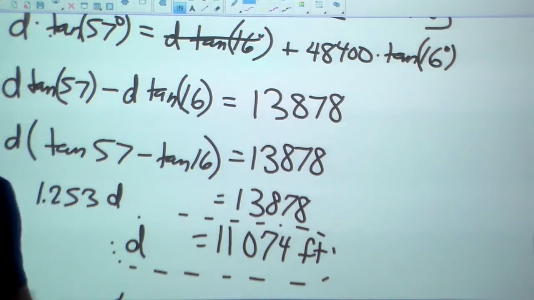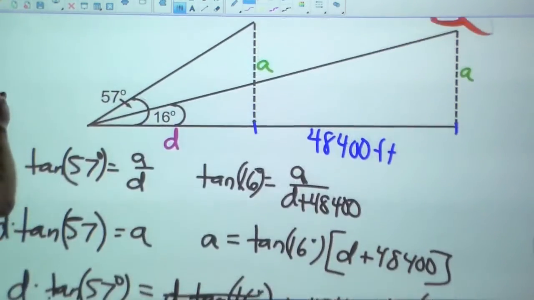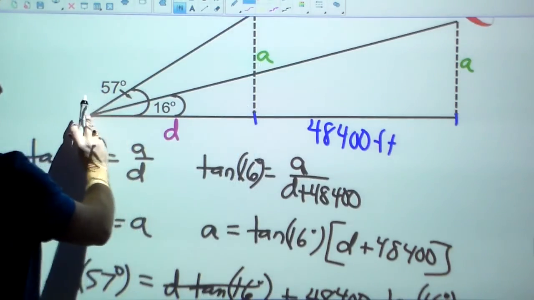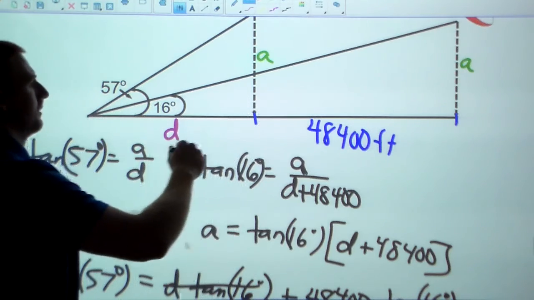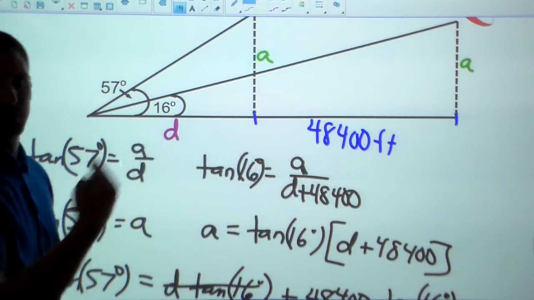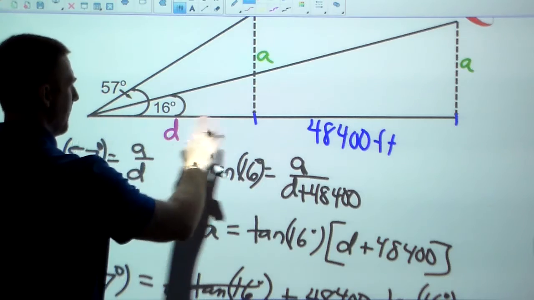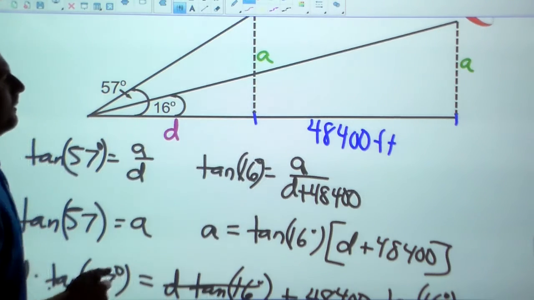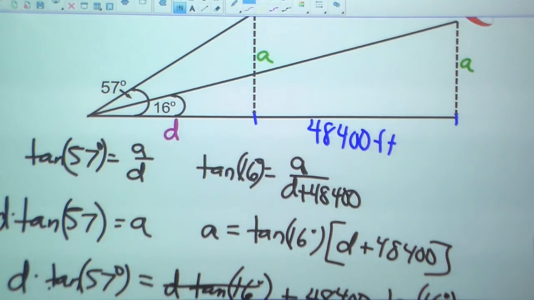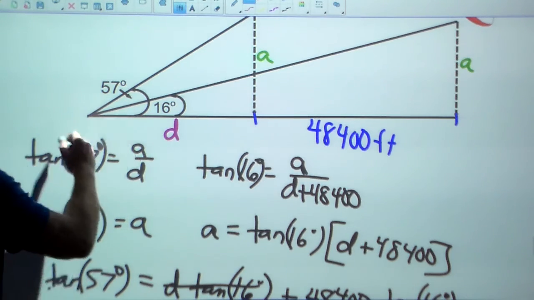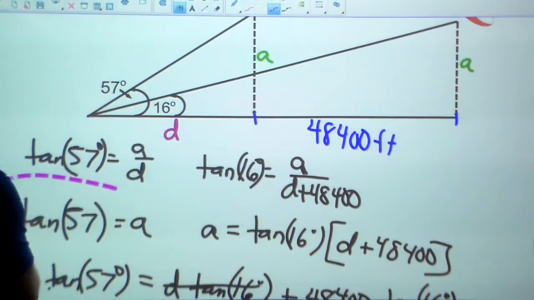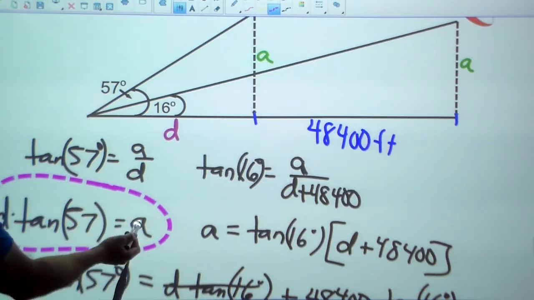Now that's D, and we're ultimately trying to find the altitude. Let me go back to the diagram and talk about what we've got right now. This distance from where I am now to where the airplane is a minute later from where I began, we know that's 11,000 and whatever odd feet. So at this point, there's different routes we can go, but I think I'm going to go right here. I've already got an equation defined.